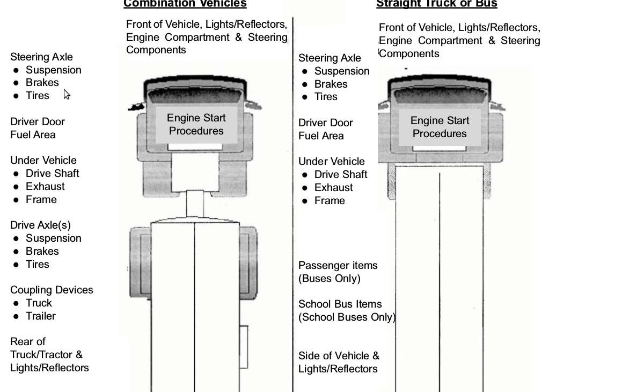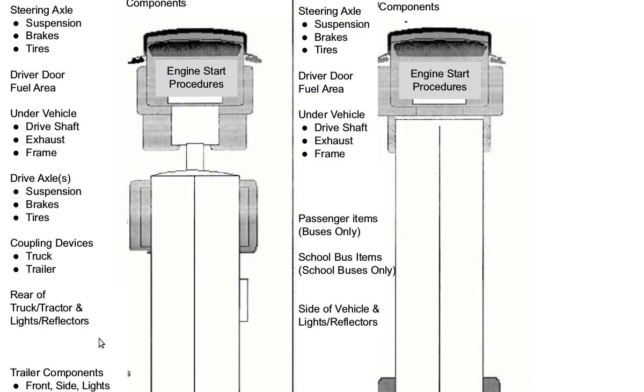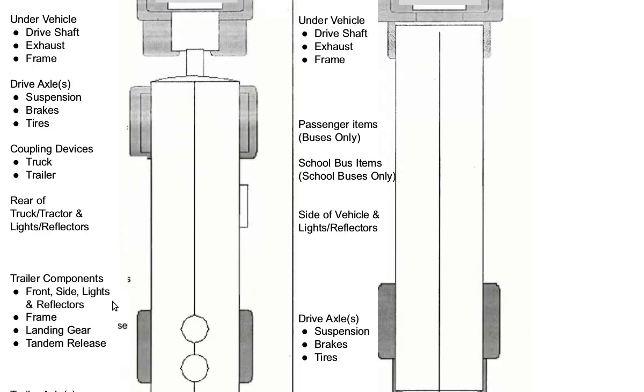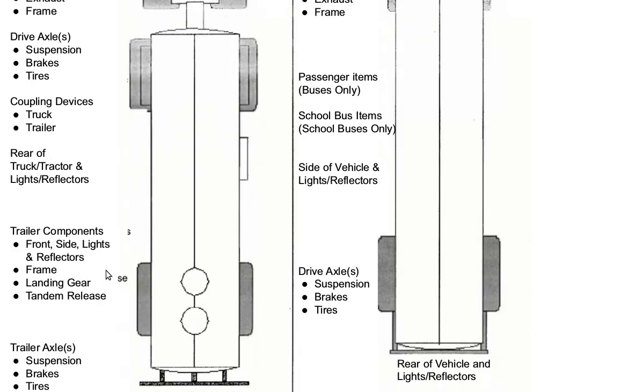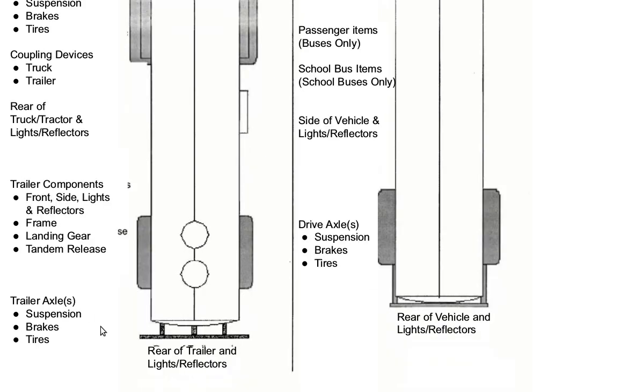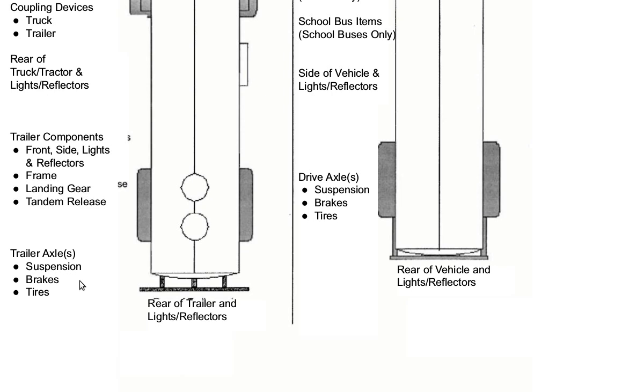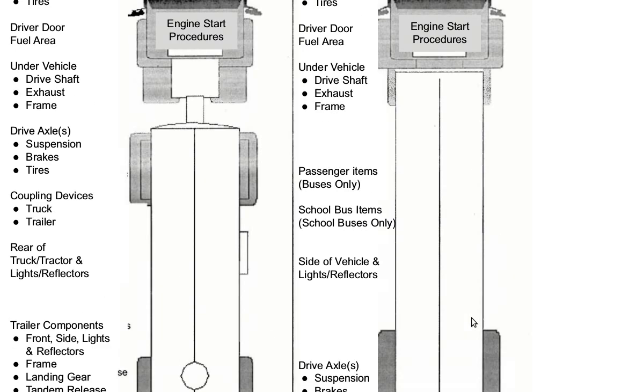Steering axle, suspension, brakes, tires, driver door, fuel area, under vehicle, drive shaft, exhaust, frame, drive axles, suspension, brakes, tires, coupling devices, truck, trailer, rear of truck, tractor, and lights, reflectors, trailer components, front, side lights and reflectors, frame, landing gear, tandem release, trailer axles, suspension, brakes, tires, rear of trailer, and lights, reflectors.